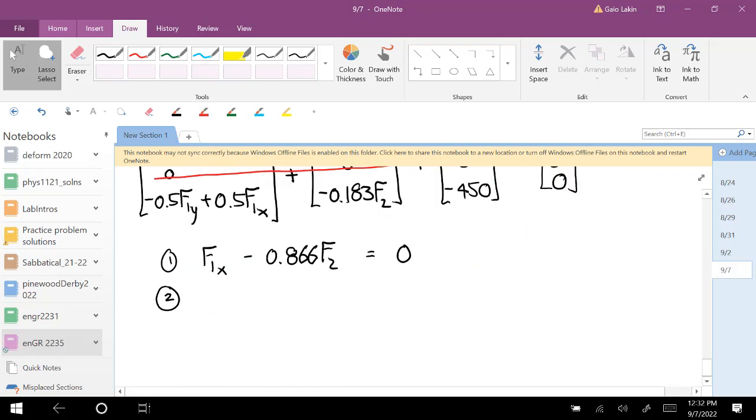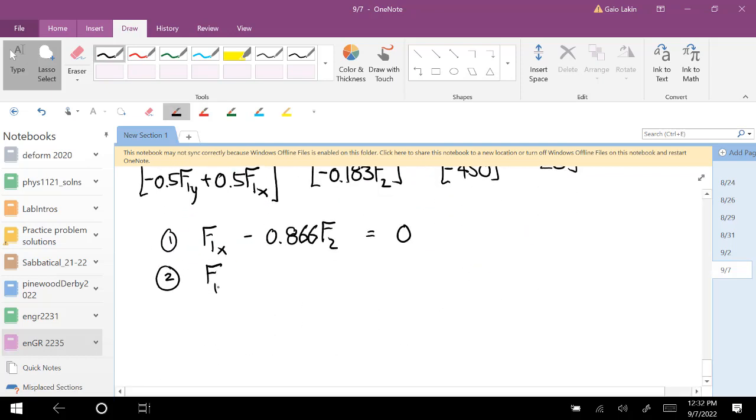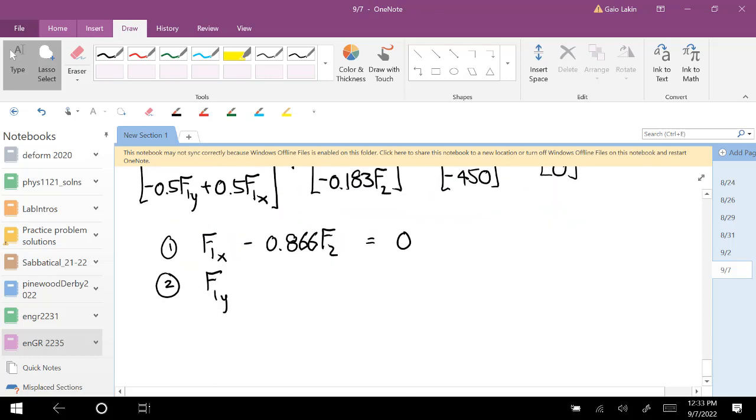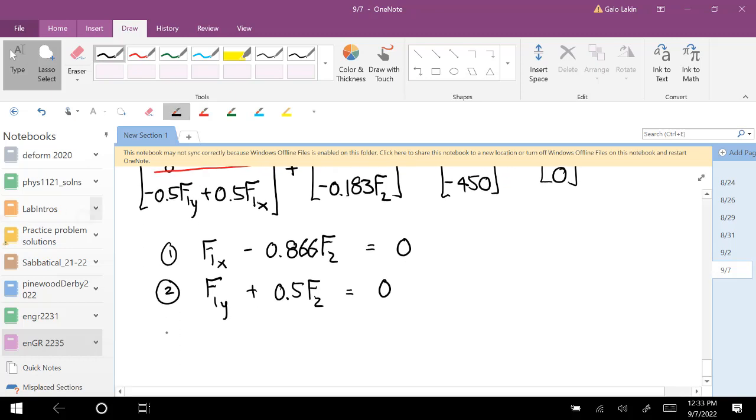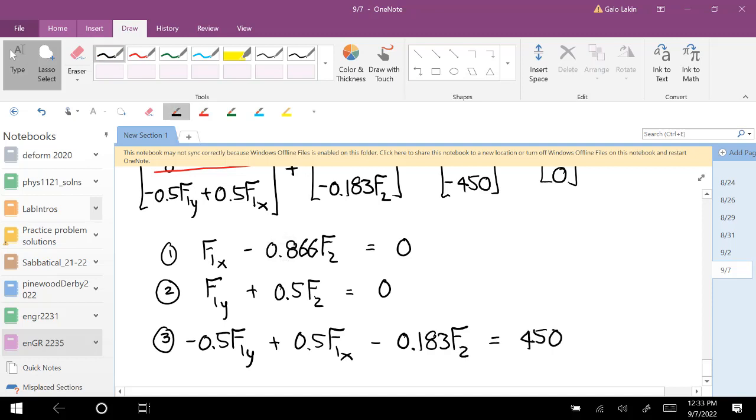The second equation says F1y plus 0.5 F2 is equal to 0. And the third one says negative 0.5 F1y plus 0.5 F1x minus 0.183 F2 is equal to 450. I moved that 450 over to the other side.